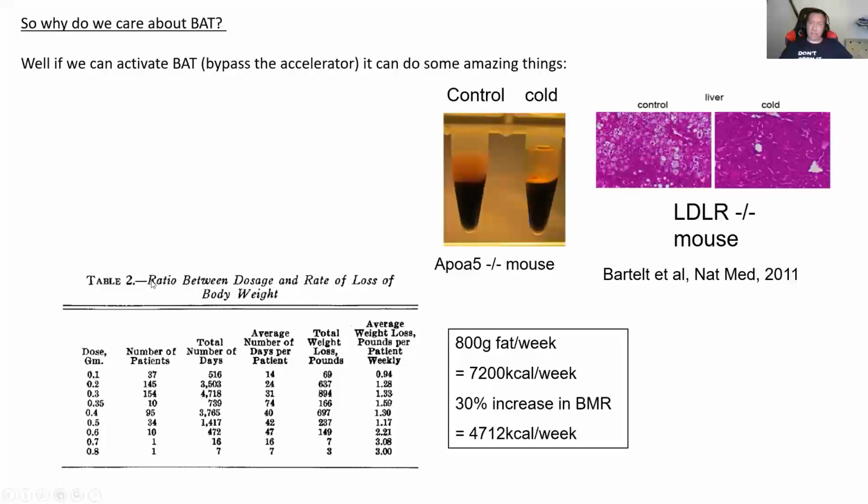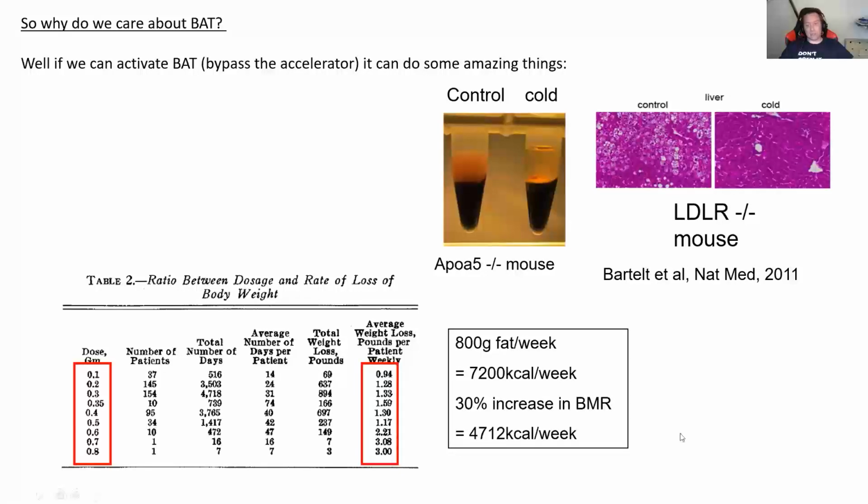There is a synthetic form of UCP1 activity called dinitrophenol. If you give this in a dose-response manner, from 0.1 grams per day to 0.8 grams per day across a huge range of patients, you will see a weight loss that ranges from 1 to 3 pounds in a week. That's 1.5 kilos in a week, which is a spectacular amount of fat.